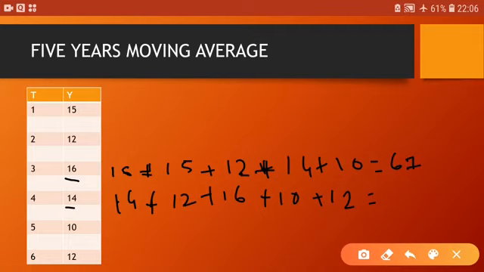So this is the routine: 10 plus 12 is 22, 22 plus 16 is 38, 50 and 64. In the first and second year it will be blank, and in the last 2 years it will be blank, as you will not get up to and down to in the respective manner. So this way you will be solving the 5 years moving average.